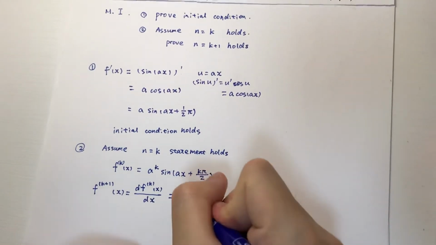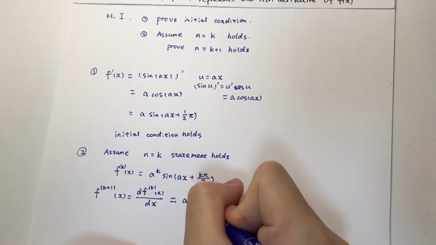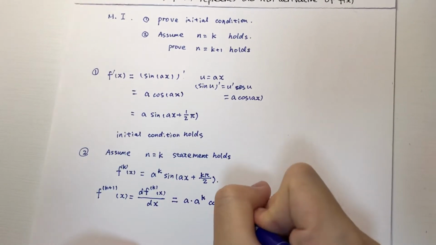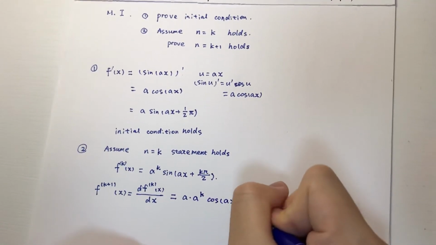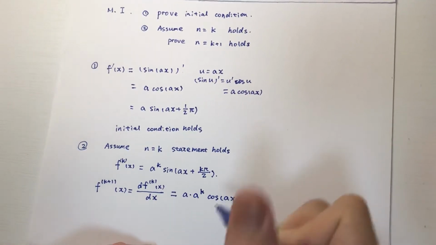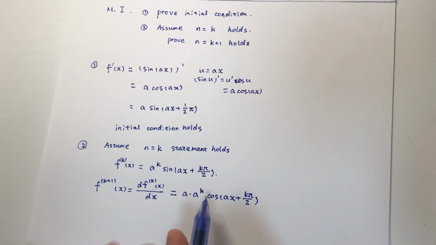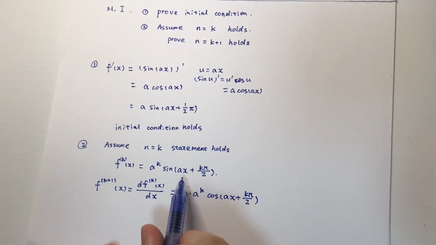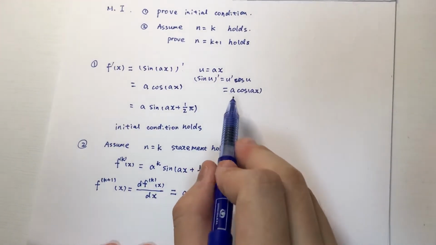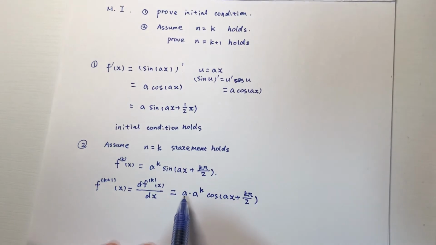And that equals a times a^k cos(ax + kπ/2). From here to here, we still use a substitution method to make ax + kπ/2 equal u, similar to this step, and take a out.